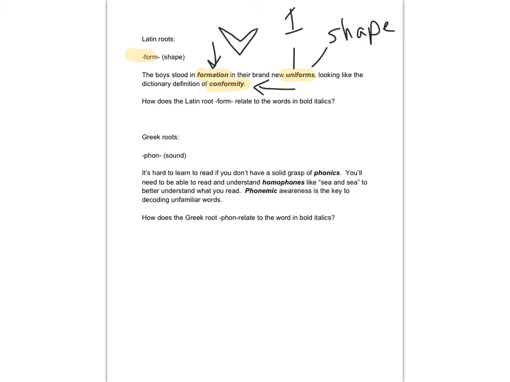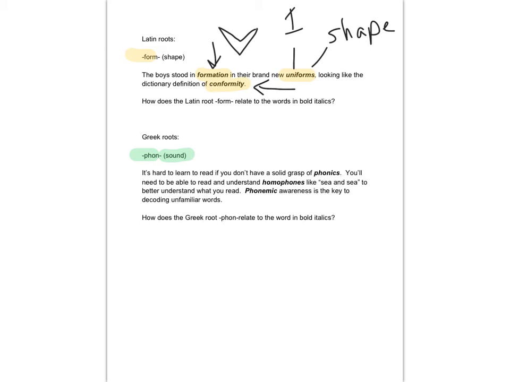So the next one we're going to look at is the Greek root phone, meaning sound. And we've talked about this one in class. So we think about telephone, phonograph. They all relate to the Greek meaning of sound. So here's a paragraph that uses 3 different words that contain the root phone. And let's see if we can figure out what they mean.